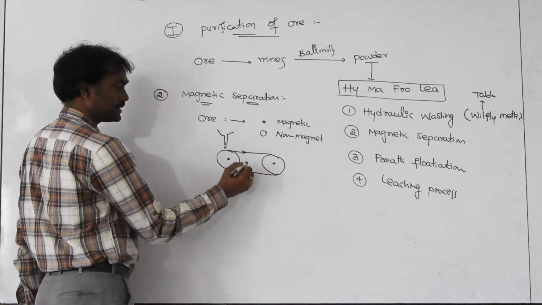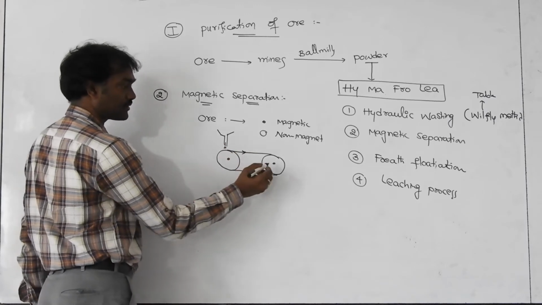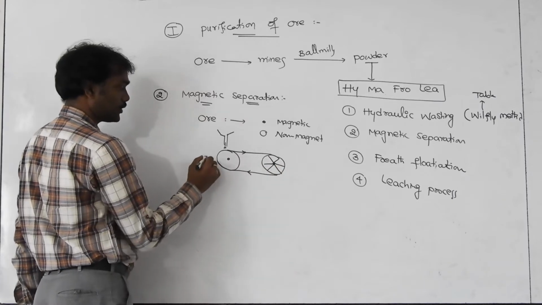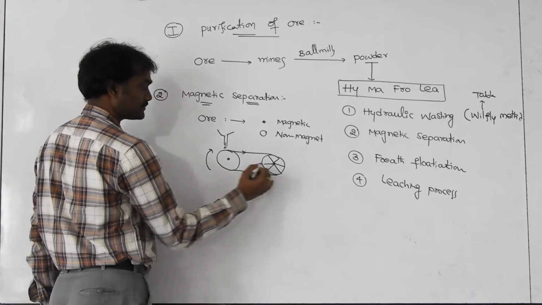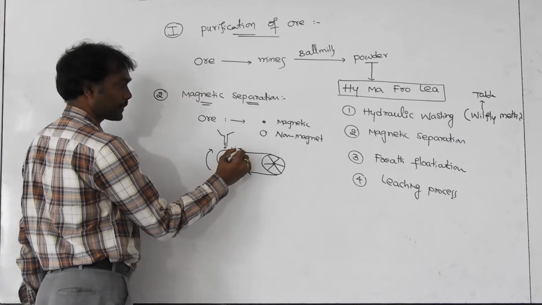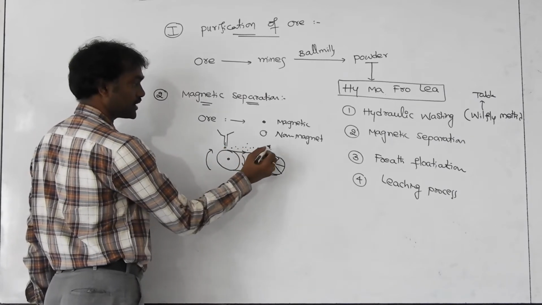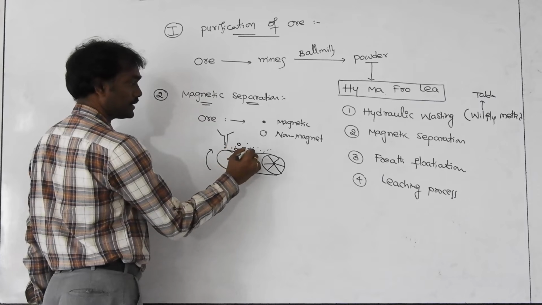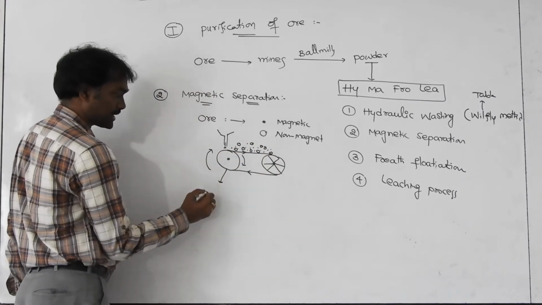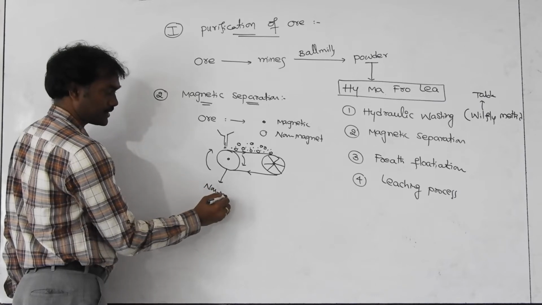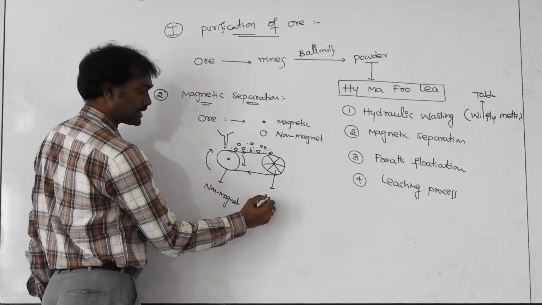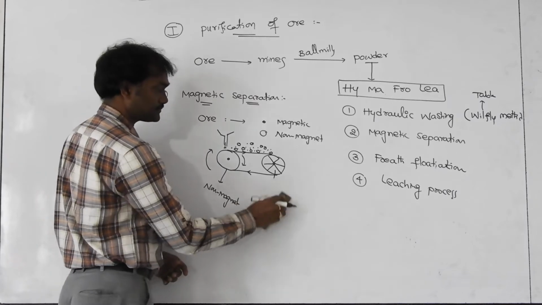The rolls are rotating like this, so the ore particles are moving on the magnetic belt. This wheel is non-magnet. This other wheel is connected with magnetic nature.